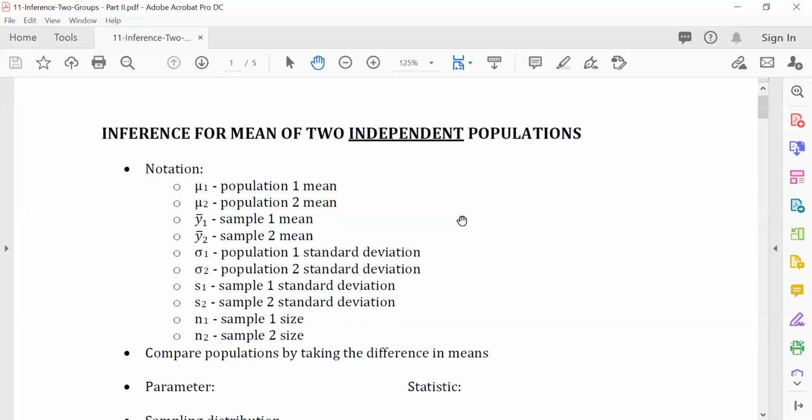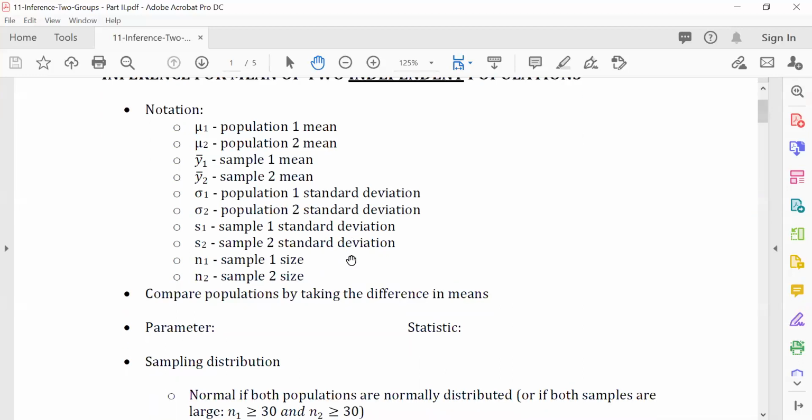Now, the idea is we want to compare the populations by taking the difference in their means. Since these are two independent groups, the parameter we are interested in is mu1 minus mu2, the population difference in means.